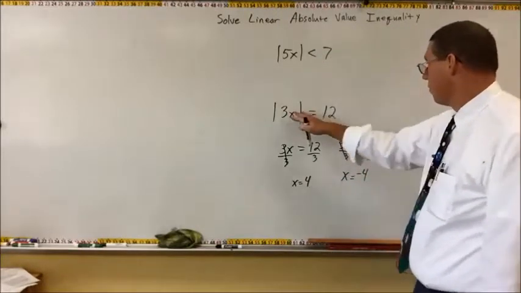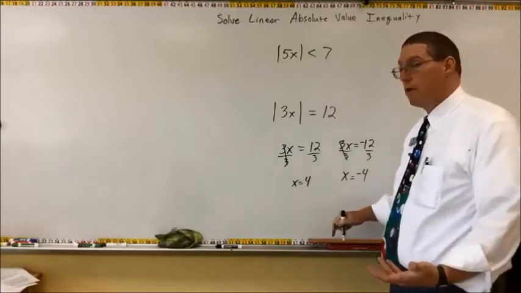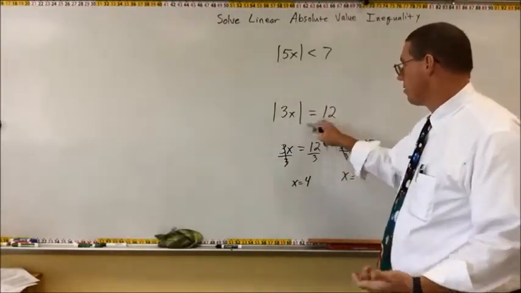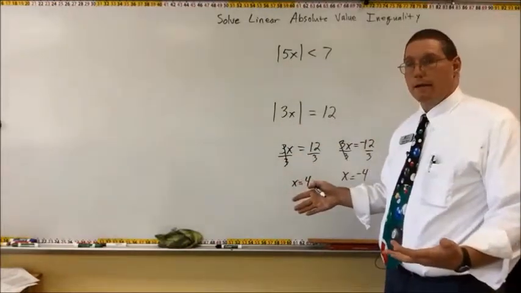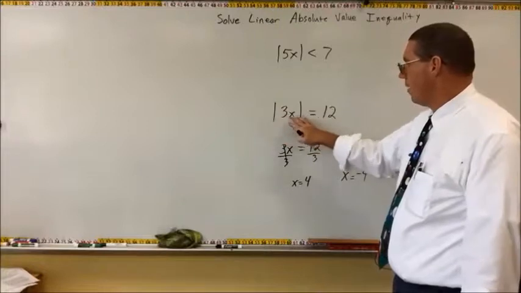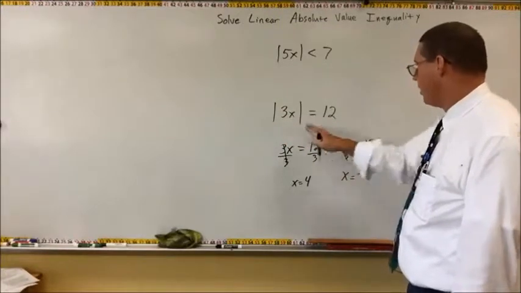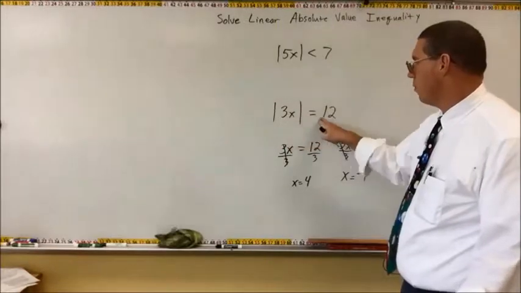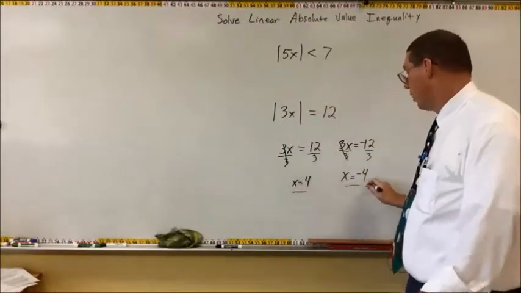Because it's two separate equations, you get two separate answers. So 4 and negative 4 will each make this correct. If I plug 4 in here, 3 times 4 is 12, the absolute value of 12 is 12. Put in negative 4 times 3 is negative 12. Absolute value of negative 12 is 12, and that's why there are two answers.